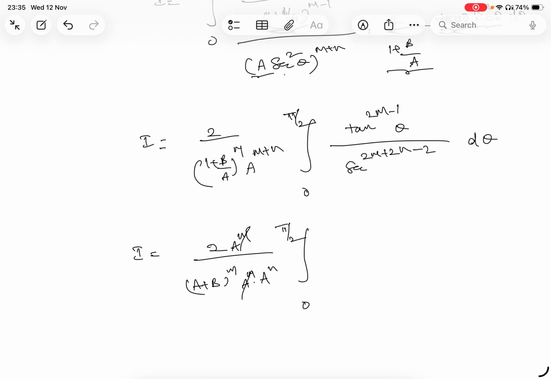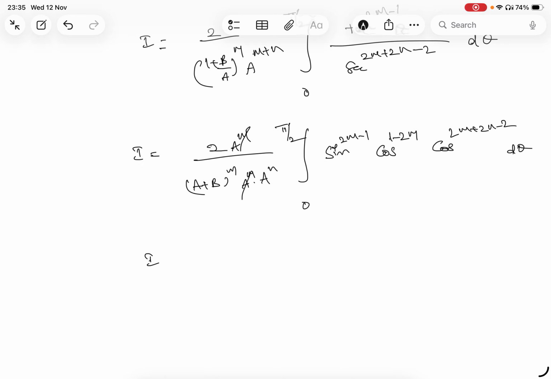Now tan power 2m minus 1 theta can be written as sine power 2m minus 1 theta by cos power 2m minus 1 theta, right? When it comes in the numerator, this will be cos power 1 minus 2m, right? Then this is 1 by secant, which is cos power 2m plus 2n minus 2 d theta.